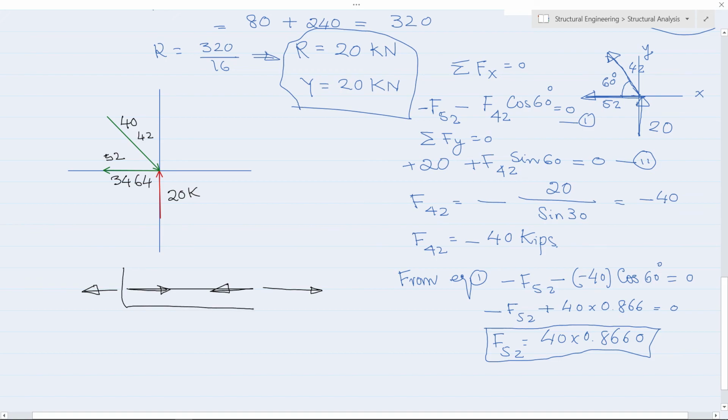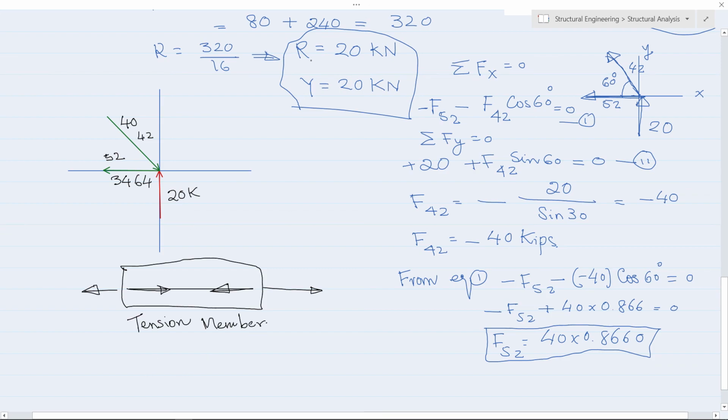That means if a member is in tension, both the forces will be acting inward. I mean, the arrows will be indicating inward. This is the sign convention we use for tension members.